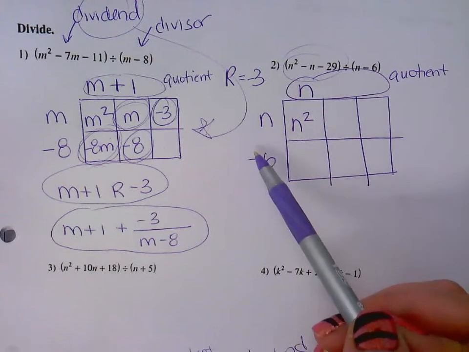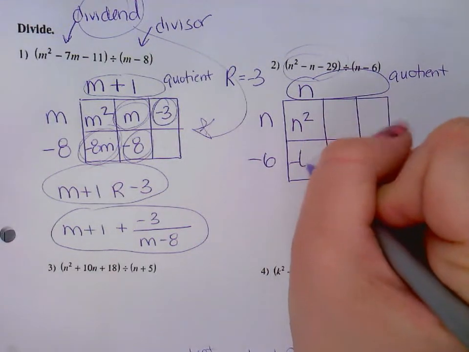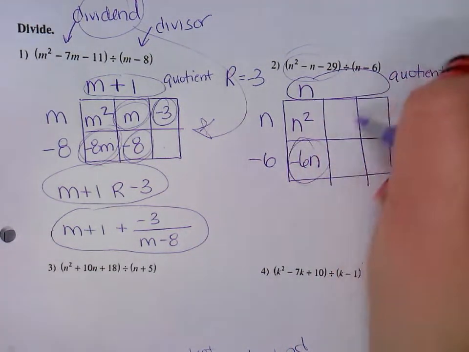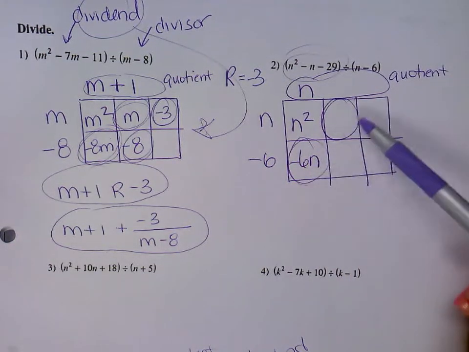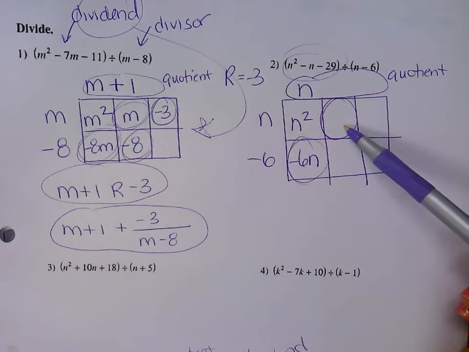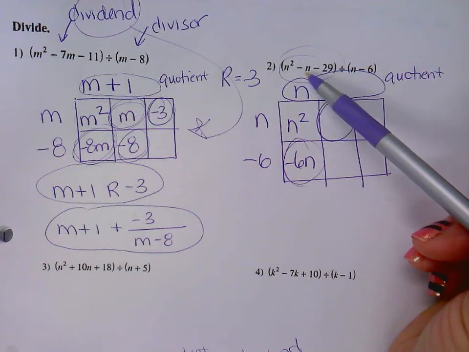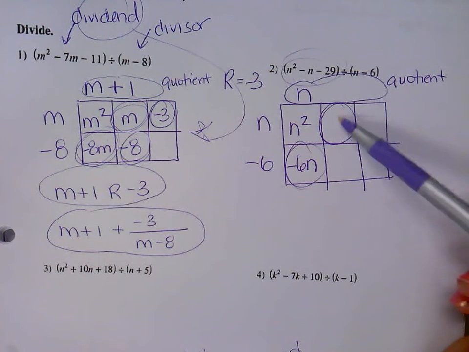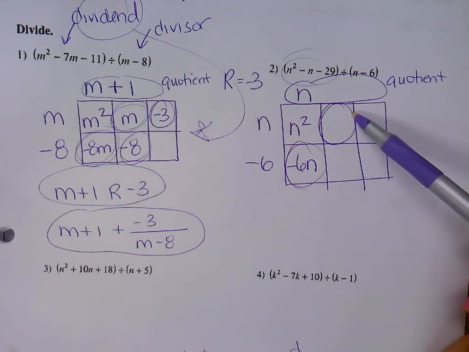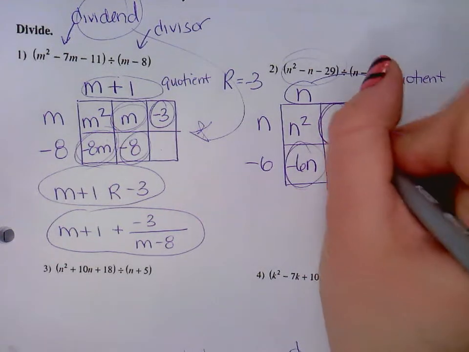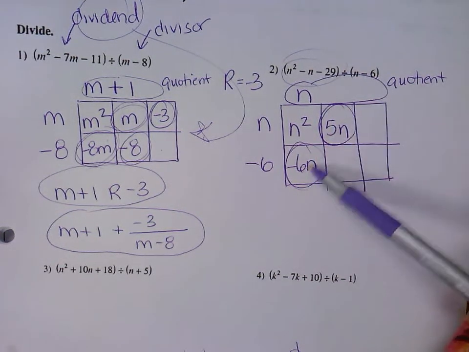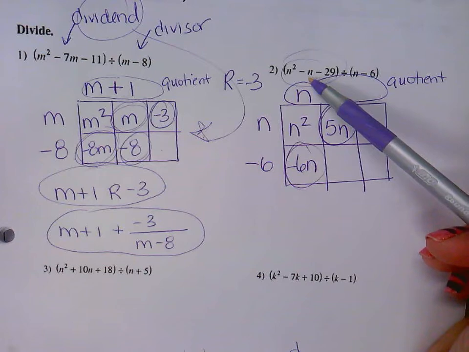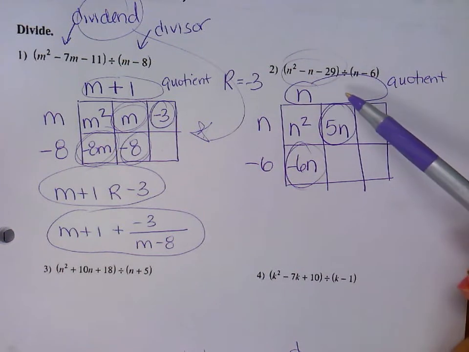N times negative 6 is negative 6n. So on the diagonal, what do I need to add to get to negative 1n? What would I put in this box? Positive 5n. Those two add together to give you the negative 1n. Okay, so then you could do the top of the box.